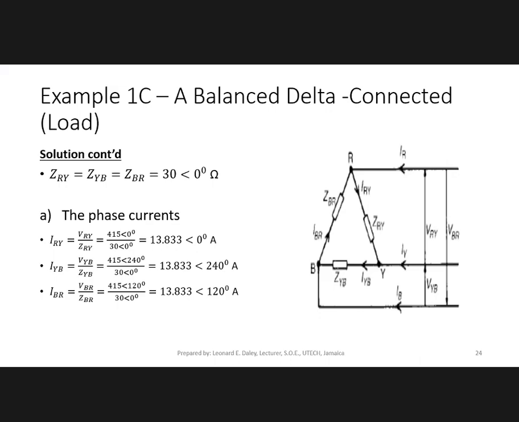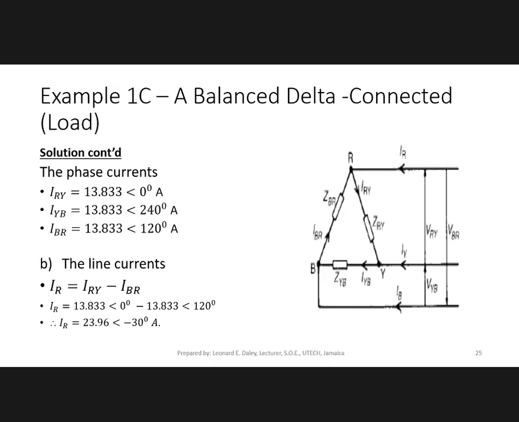All right. So we had gone through that. Now we're to find the line currents. So the line currents are IR, and line currents based on the diagram is IRY minus IBR as before, and we're substituting these values now.